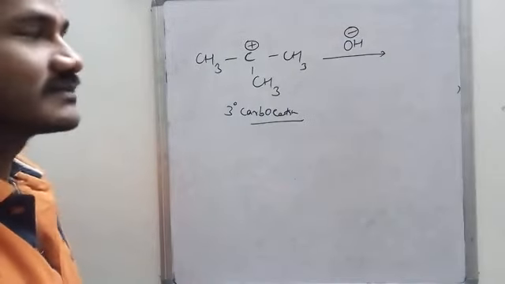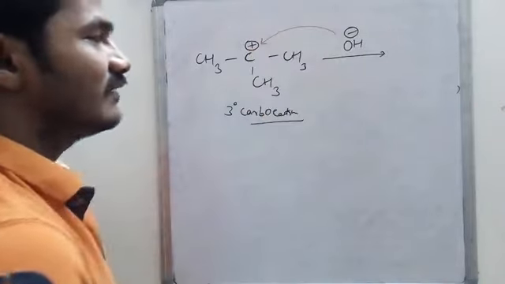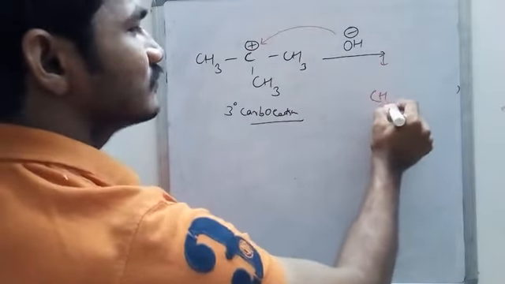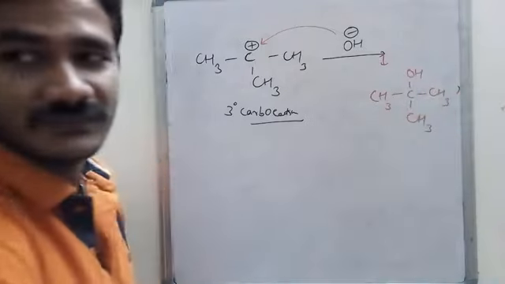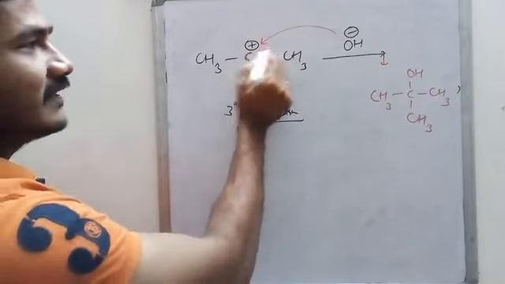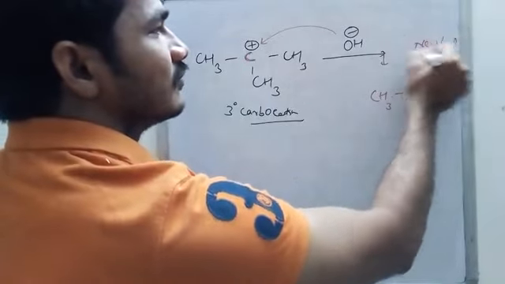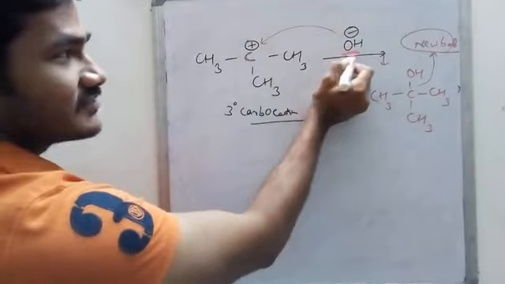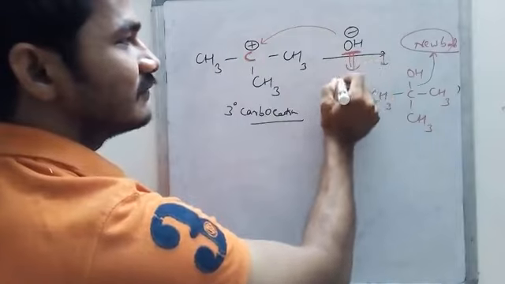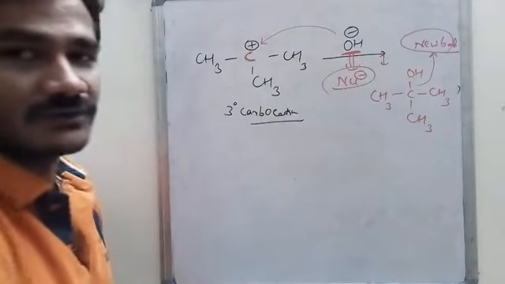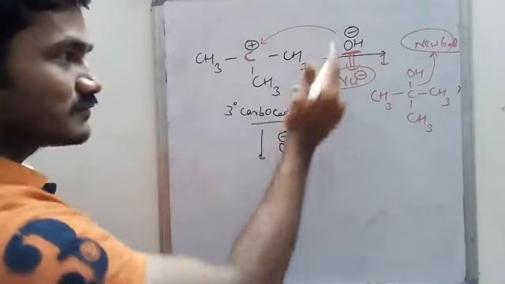If this OH minus attacks this way, it forms a new bond with carbon, giving CH3, C, OH, CH3, CH3. The new bond is formed between the carbon and oxygen. When a reagent or species forms a new bond with carbon, that type of species is said to be a nucleophile.